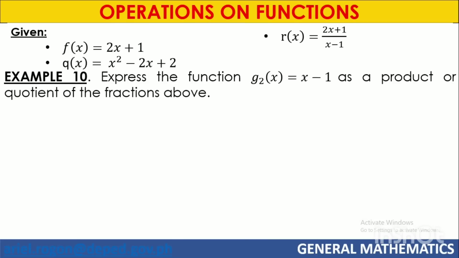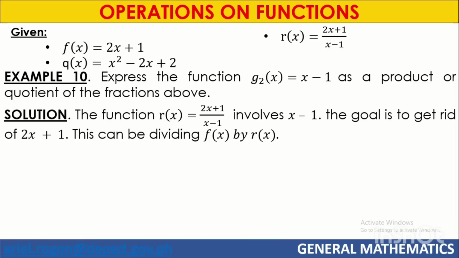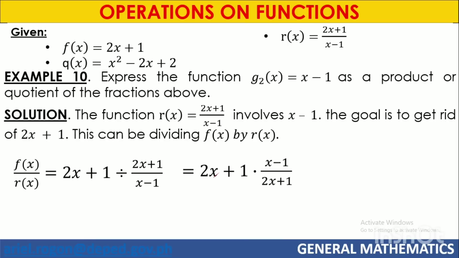Okay, meron pa. Express the function g of 2 of x is equal to x minus 1. So, alin kaya dito? Again, using the trial and error, we came up this one. So, let's try to divide f of x divided by r of x. Tingnan natin.